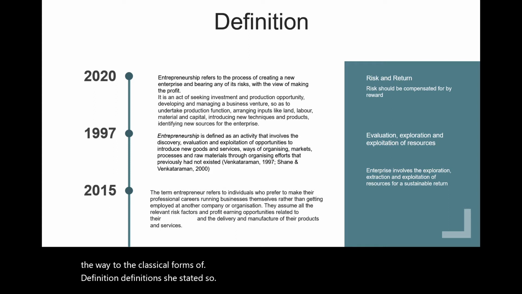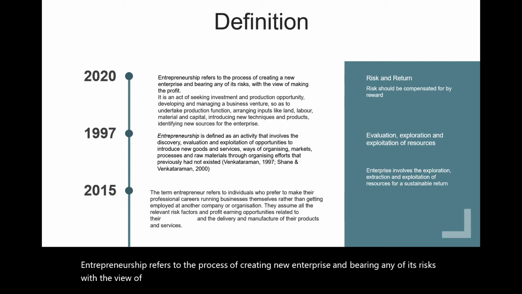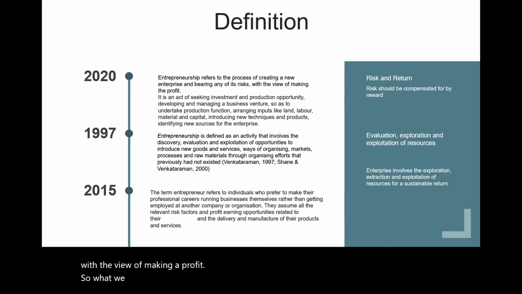Entrepreneurship refers to the process of creating a new enterprise and bearing any of its risks with the view of making a profit. So what we get to understand from this definition is that we've got risks and rewards, or risks and returns.